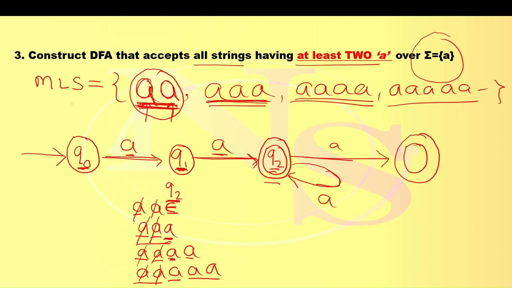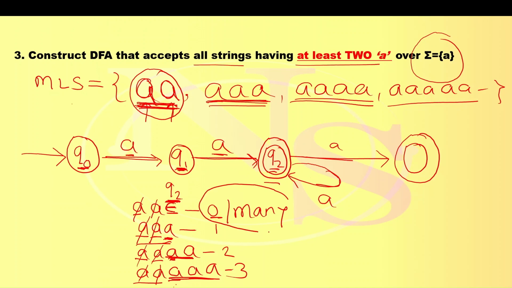Epsilon is an empty string. It contains 0 A's. So Q2 is reading epsilon, meaning 0 A's. Q2 may read 1 A, so the length of this string is 1. Q2 may read 2 A's. Q2 may read 3 A's. Like this, there will be many more A's. Hence, can I say Q2 reads 0 or many A's?